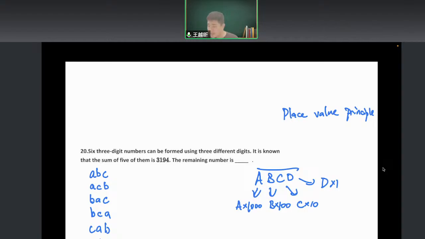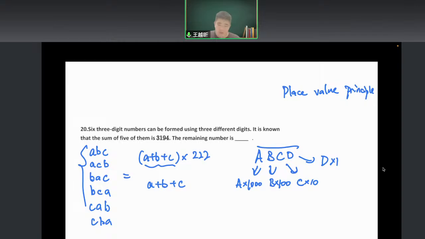If we sum up all the 6 numbers, this actually equals A plus B plus C times 222. So in this way, we can try to find out the sum of A, B, C. You need to do some enumeration in this question.